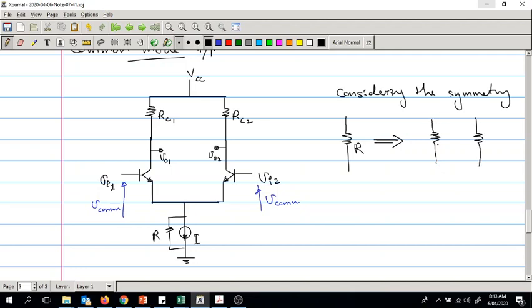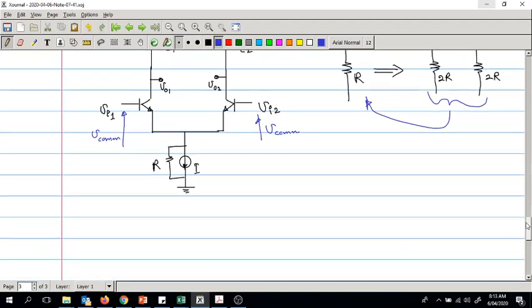What would that weighted resistor be? 2R. Why 2R? When you put these two in parallel, they give us this resistance.